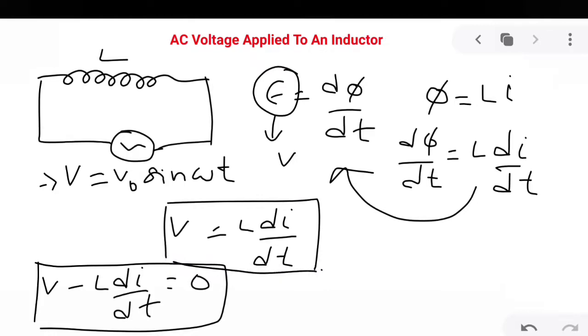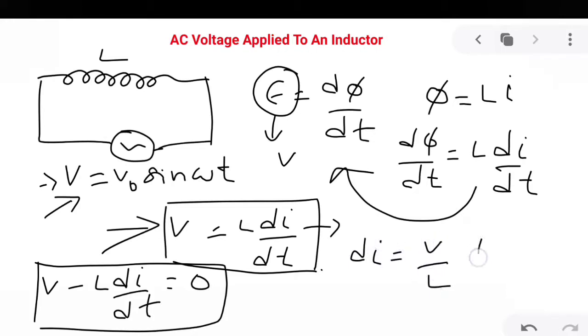Till now we have been finding the relation between voltage and current. We already have information about voltage and we want information about current. So we can use this equation to find the current, because from it I can write di is equal to V by L dt.